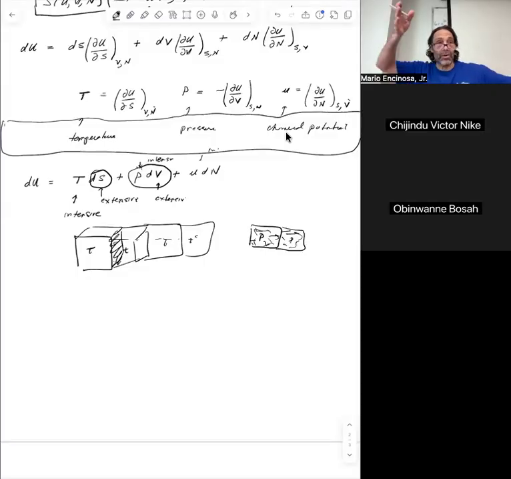What has changed? Volume's twice as big. So you have something that stays the same when you clone the system. Chemical potential stays the same. But the particle number, if you clone the system, doubles.